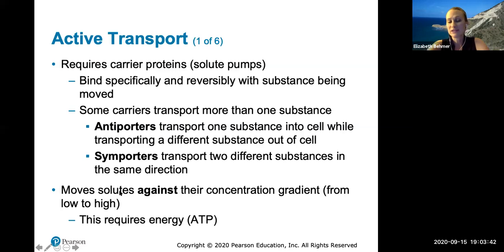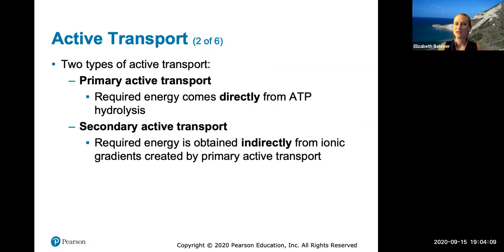They'll all move solutes against their concentration gradient, meaning active transport processes will always move something from an area where it's lowly concentrated to an area that's more highly concentrated. Again, think of yourself trying to push into a subway car or a crowded concert arena, even though we're probably not going to concerts anytime soon. This will require more energy to do.